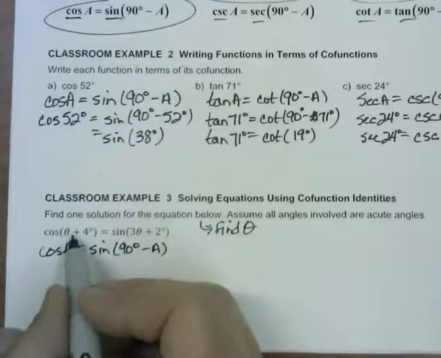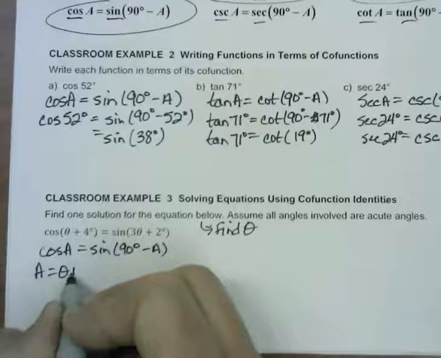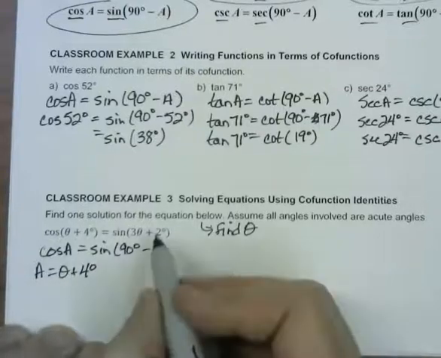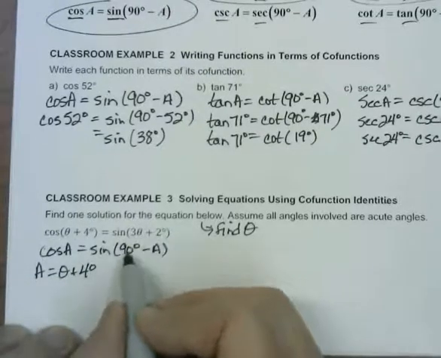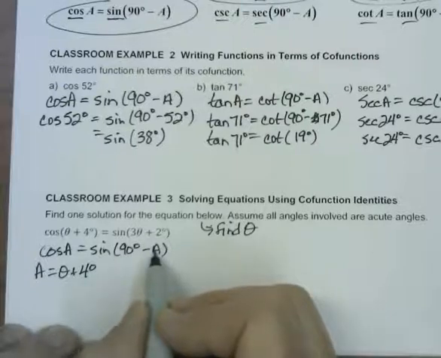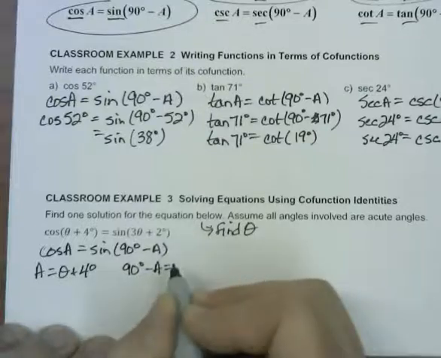What this tells me is that my A is going to be theta plus 4 degrees. And then if I look at this side, I've got 3 theta plus 2 degrees, and that needs to be the same as 90 degrees minus A. So really I'm just writing out two different equations here.